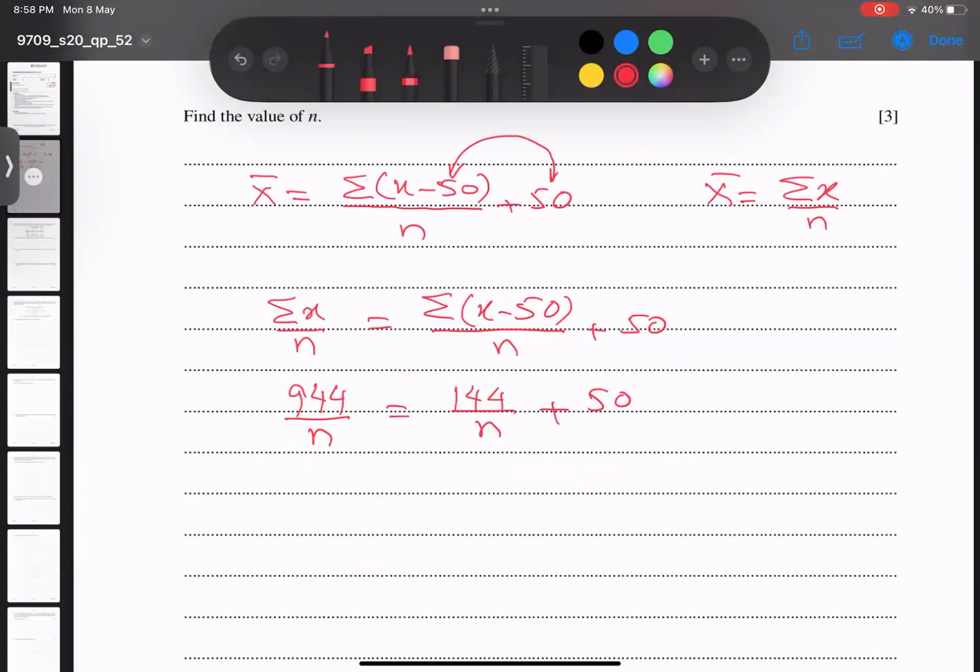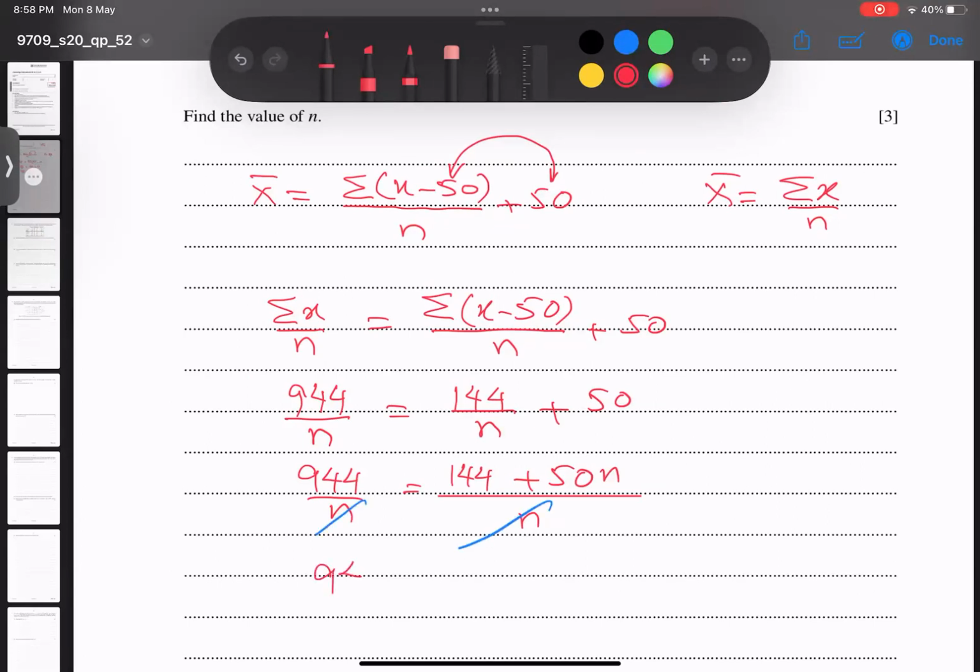We cannot multiply there because it's not a single fraction, so take the LCM for the right side: 144 plus 50n over n, and 944 over n. Now this n cancels when it goes to the right hand side.